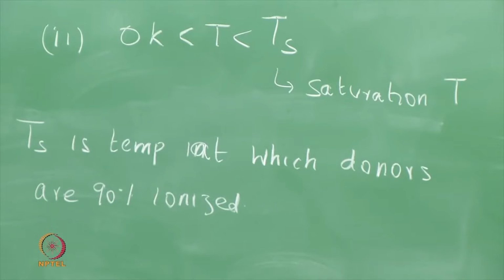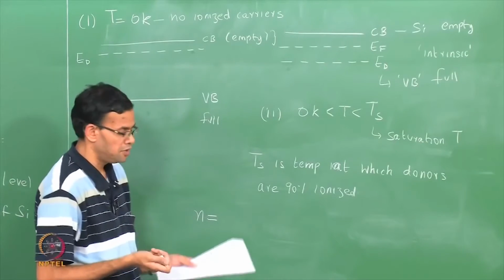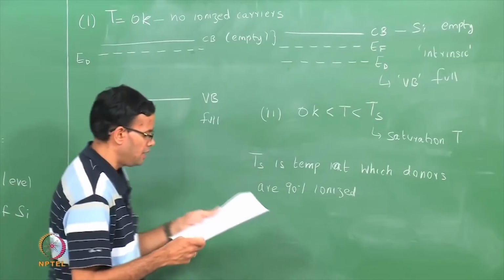In order to calculate the value of Ts, we look at the expression for the electron concentration. We will treat this material as an intrinsic material with the donor level being your valence band.